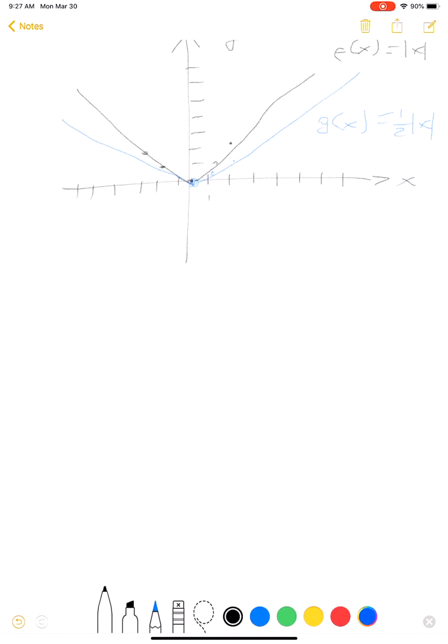Okay. So let's start with horizontal stretch.